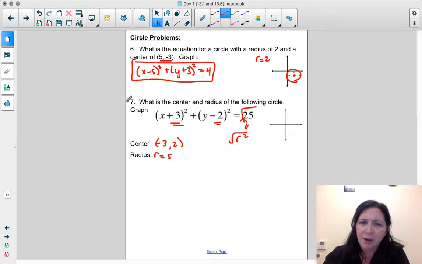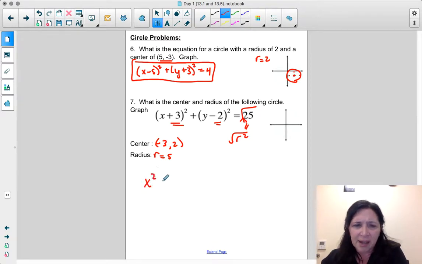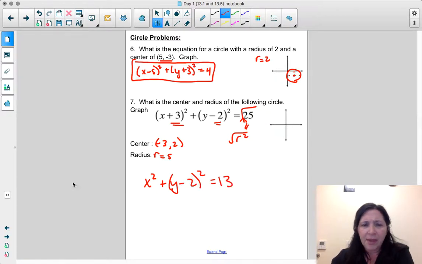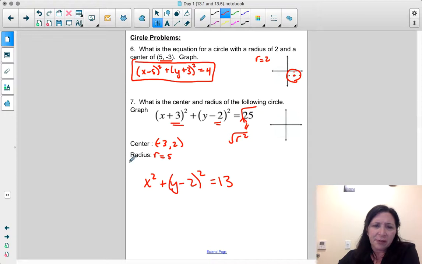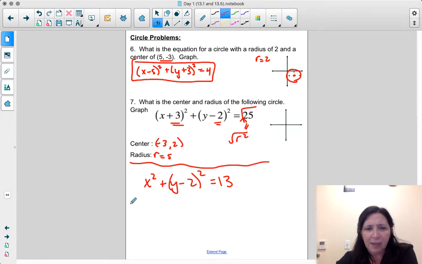You just need to be careful because occasionally what's going to happen is, let's say I had x squared plus (y minus 2) quantity squared equals 13. It's a different equation than the example right there. But let's say that I asked you for the center. Well, the center for this equation is going to be (0, 2) because this right here is actually (x minus 0) squared.